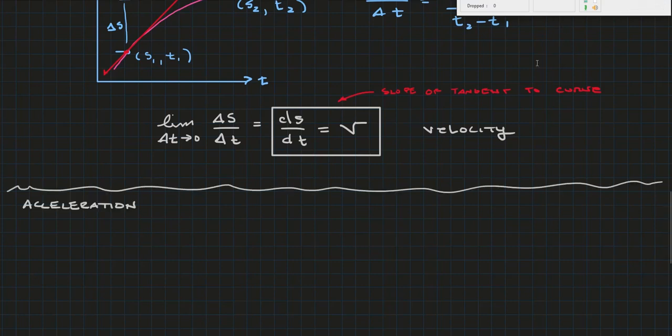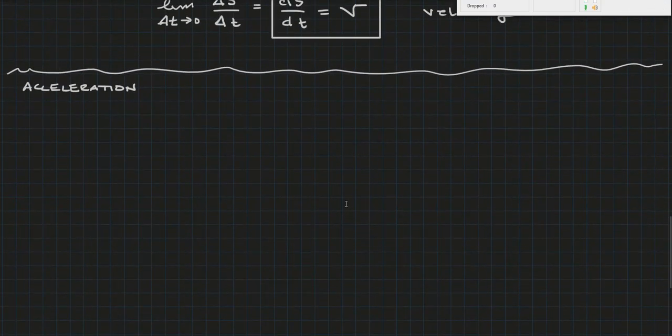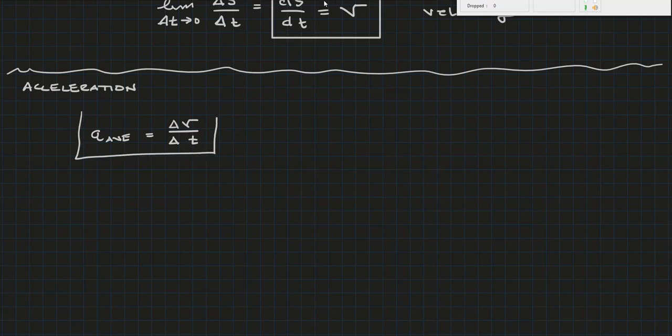Okay, let's move on to acceleration. Using a similar idea, the average acceleration can be defined in a similar fashion as the change in velocity with respect to the change in time.